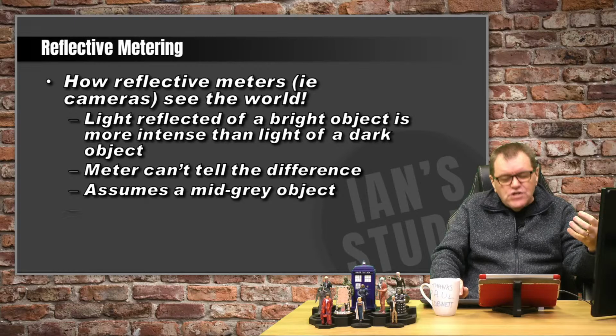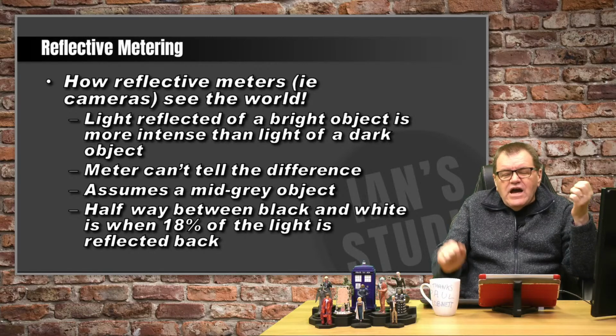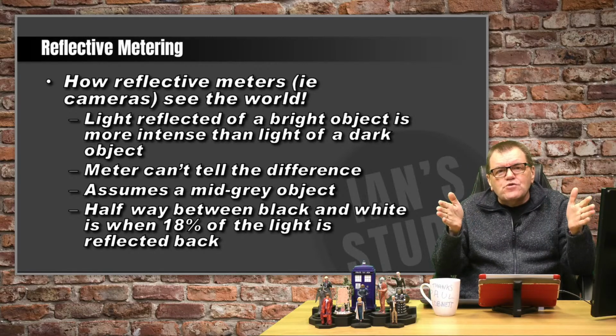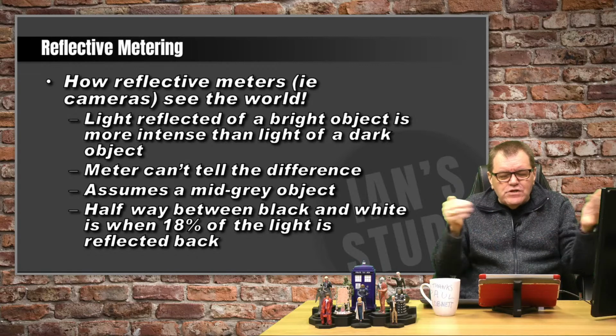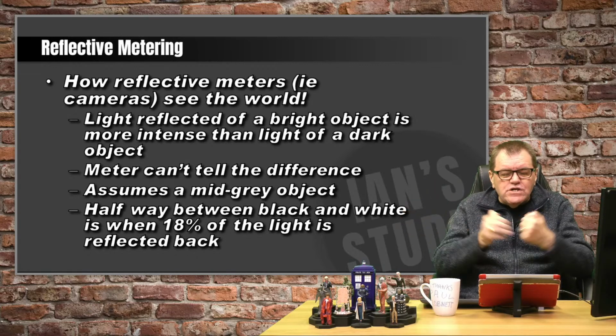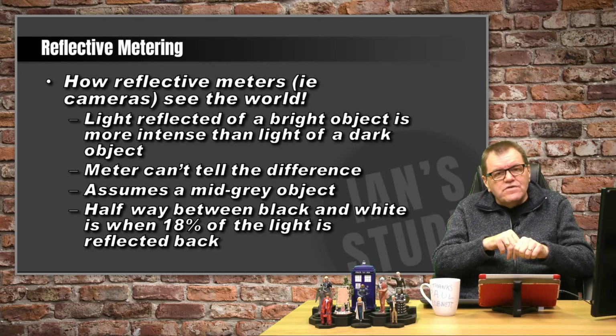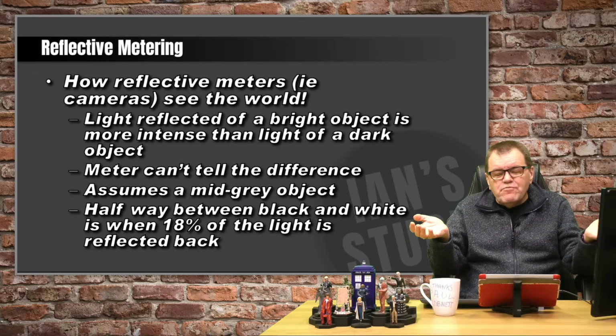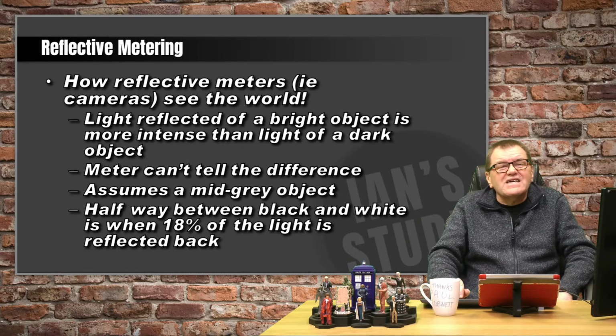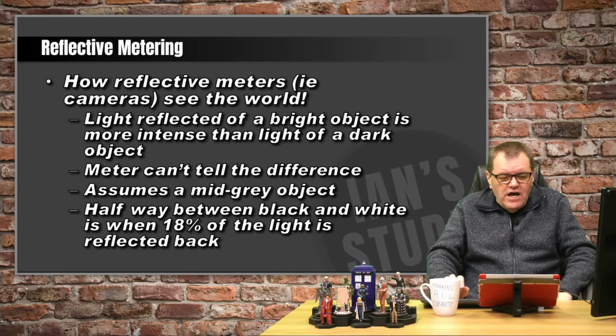And it's important to know that the camera is assuming it's halfway between black and white, which is when 18% of the light is reflected back. So we sometimes refer to this as 18% grey, or perhaps a little bit more commonly these days, mid-grey.